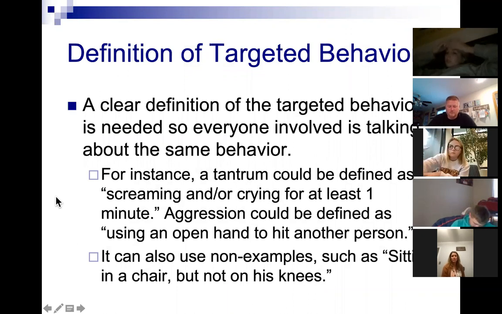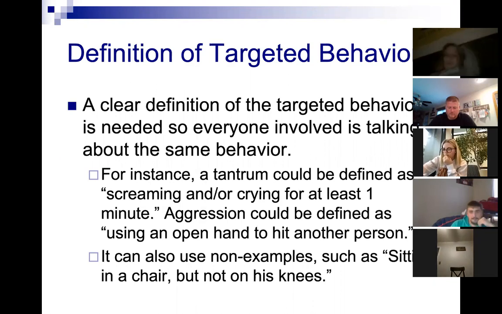A definition of a targeted behavior. So this is what I was just speaking about, a clear definition of the targeted behavior. You want to make sure that no matter who reads your goal or your data tracking sheet, you all have the same working definition, or everybody understands explicitly what it is you're measuring. So that's why I would recommend staying away from words that are open for interpretation.